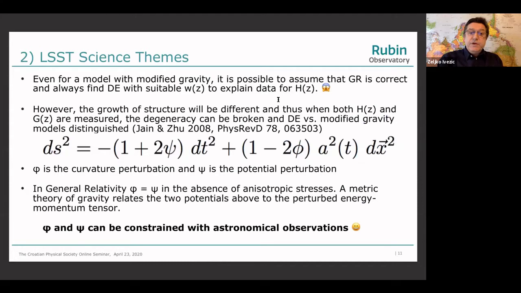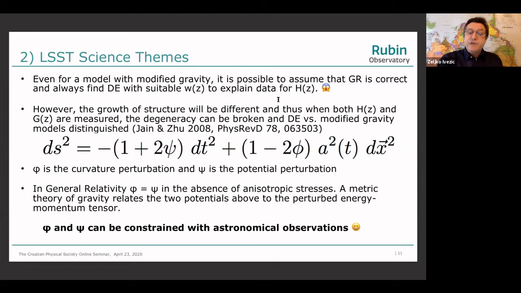And so if you assume theoretically that you have some modified gravity model, which is not GR, it is possible, then you can show theoretically that you can always assume that GR is correct and find dark energy with an equation of state that we call w(z) to explain the data for the Hubble constant.